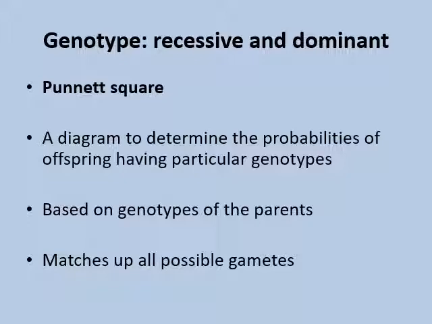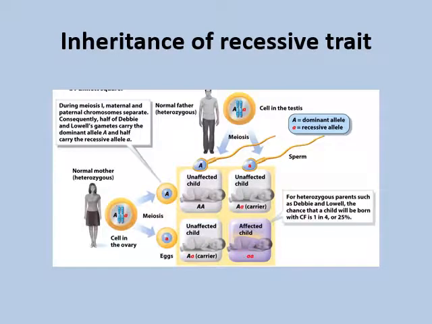So like for instance, eye color isn't just on one gene. So you don't just get blue eyes because you got a blue allele from mom and a blue allele from dad. It's contributing on multiple genes. So there's lots of different alleles that come into play. So Punnett squares can get pretty complicated. In this class, we'll usually keep them fairly simple, but let's talk about what they actually are.